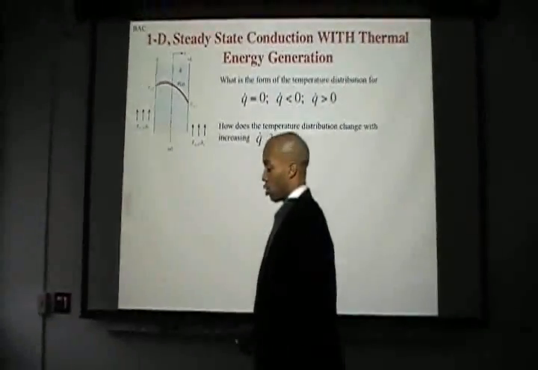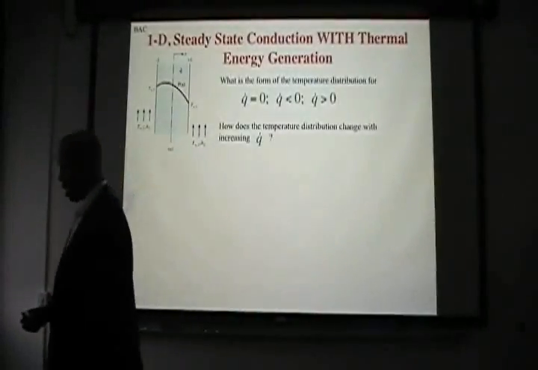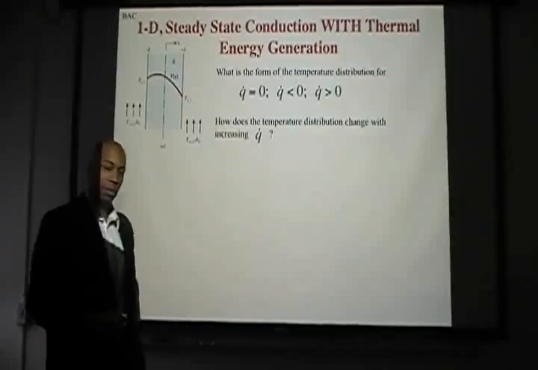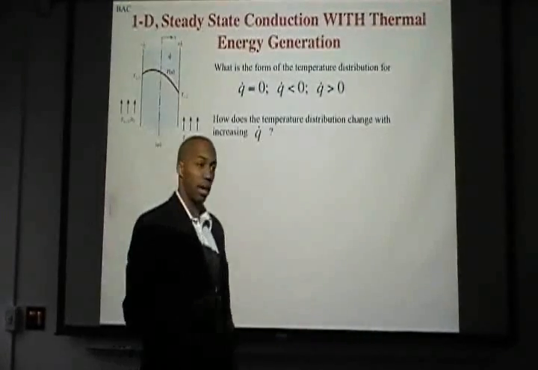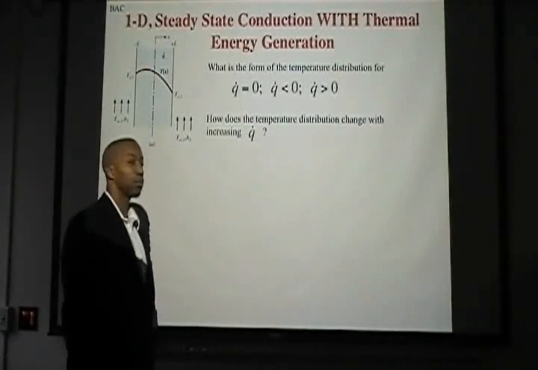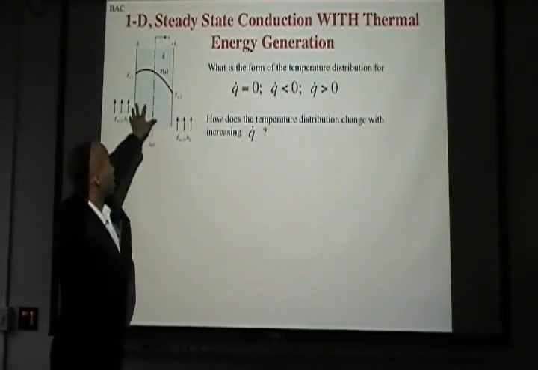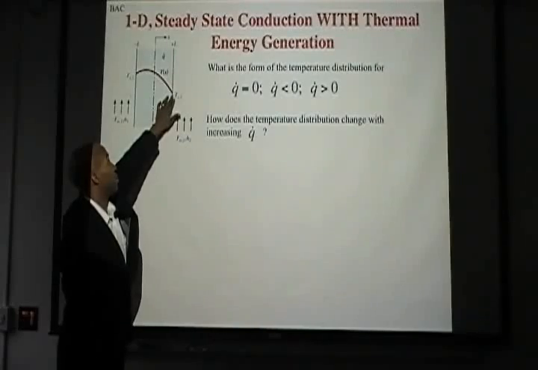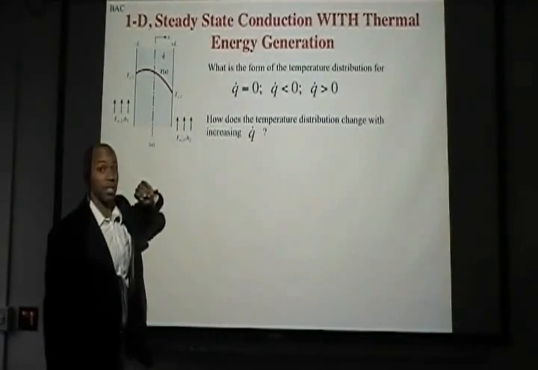So how does the temperature distribution change as q dot, or the heat generation, increases? Well, in this case, if we have the boundaries fixed, then the temperature is going to be the same at these boundaries.